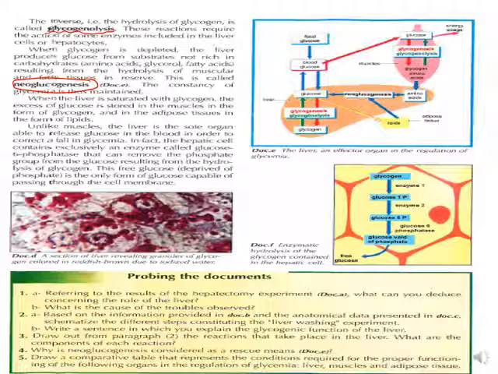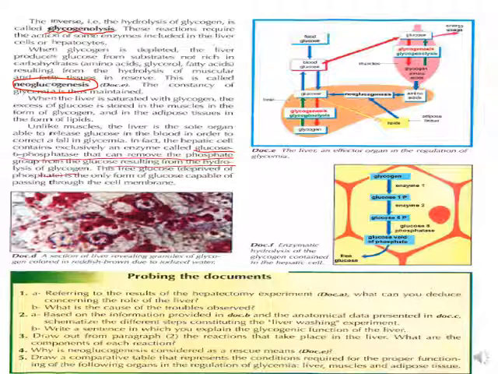Pay attention to this enzyme. Glucose 6-phosphatase can remove the phosphate groups from the glucose resulting from the hydrolysis of glycogen. This glucose deprived of phosphate is the only form of glucose capable of passing through the cell membrane.